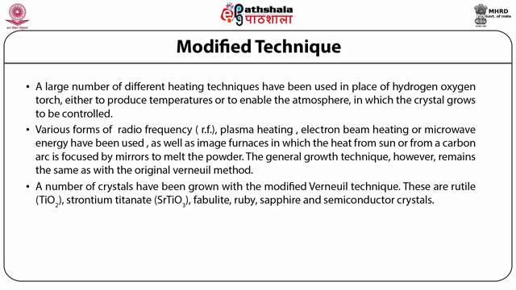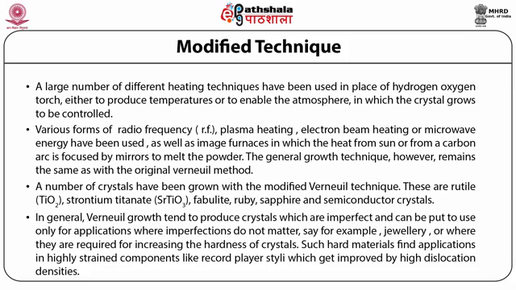In general, Verneuil growth tends to produce crystals which are imperfect and can be put to use only for applications where imperfections do not matter, for example, jewelry, or where they are required for increasing the hardness of crystals. Such hard materials find applications in highly strained components like record player styli, which get improved by high dislocation densities.